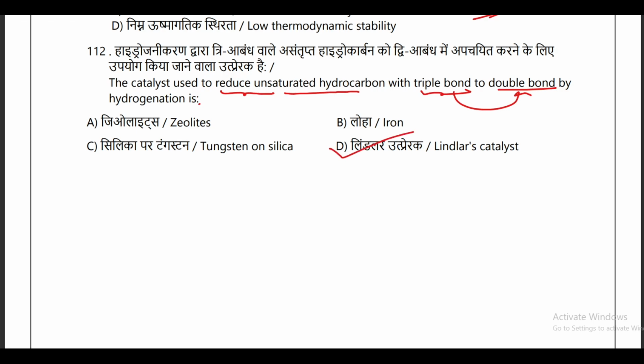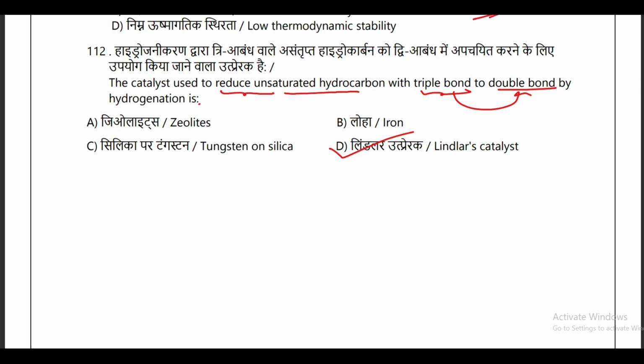So this is a special catalyst, a palladium containing catalyst, okay? So this is specifically used for the selective hydrogenation of alkynes to alkenes. Clear? So it effectively stops the reaction at the alkene stage, making it a crucial tool, okay, in organic synthesis.